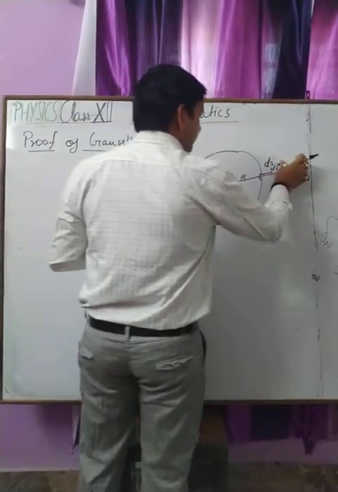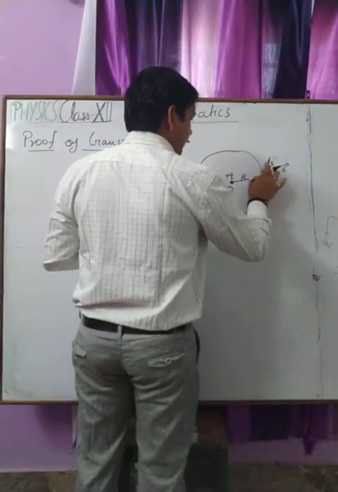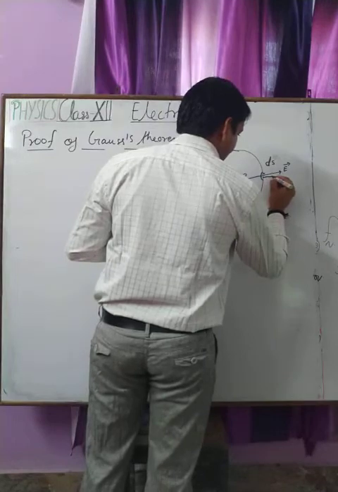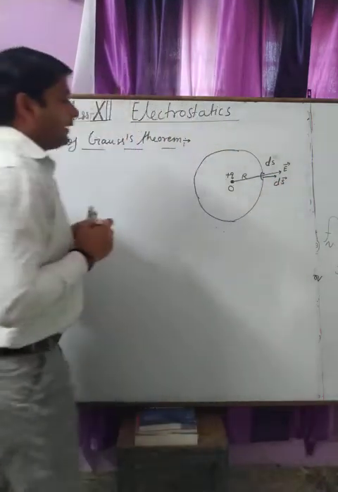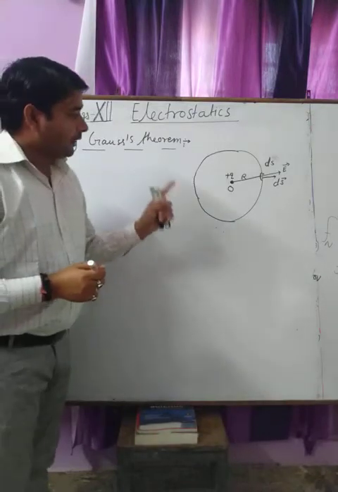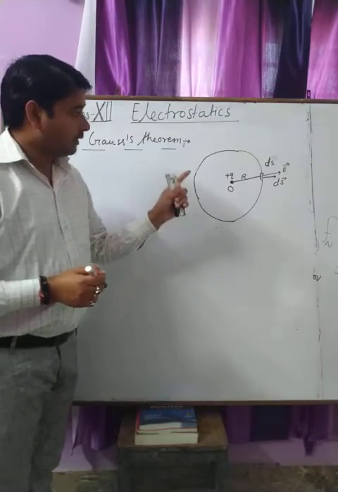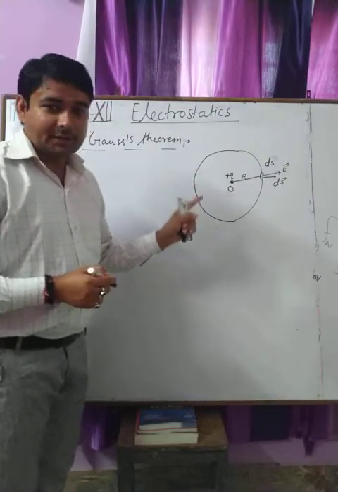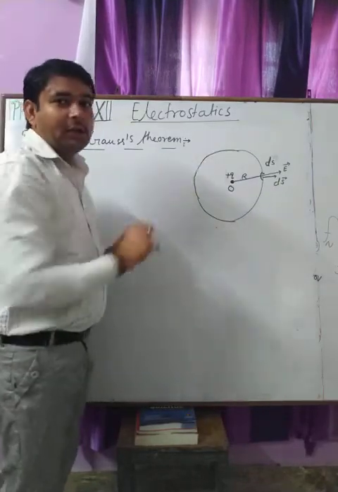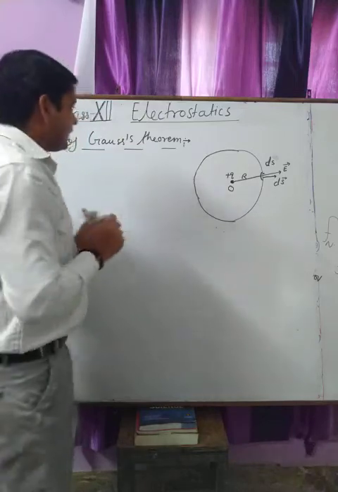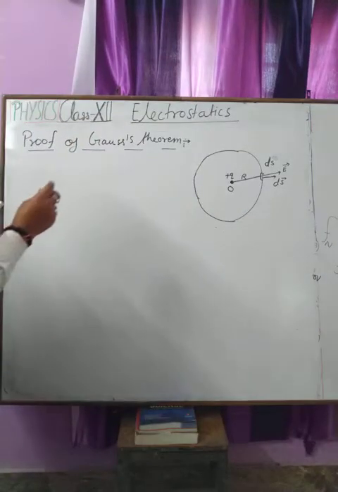The electric field is radially outward for this isolated charge and the spherical Gaussian surface. Now we write something.